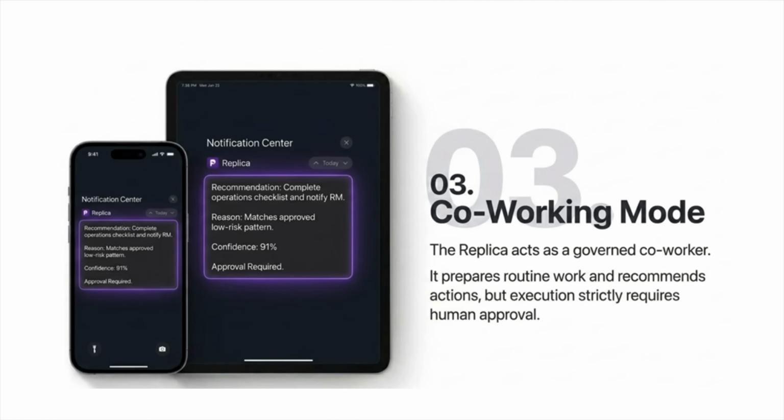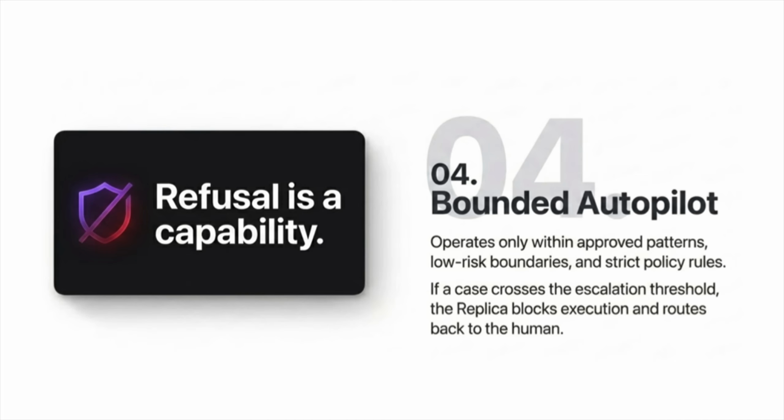Only later, selected patterns may move into bounded autopilot. Why use the phrase bounded autopilot instead of full autonomy? Because in banking, full autonomy is the wrong starting point. It sounds broad, uncontrolled, and risky. Bounded autopilot means the replica can act only within approved patterns, low risk boundaries, policy rules, audit controls, and defined escalation routes.